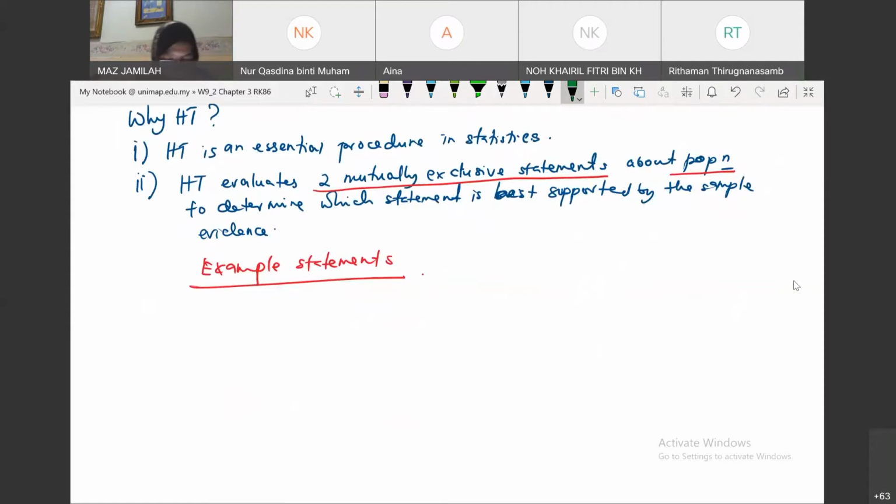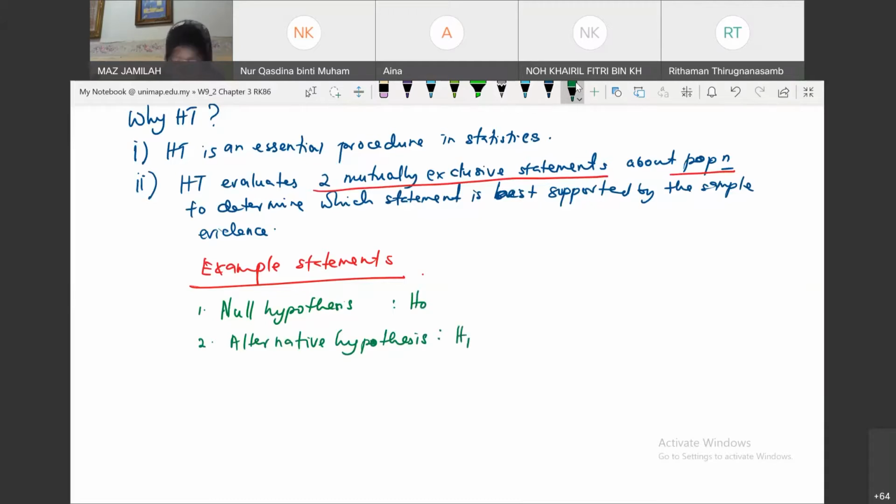If I simplify, the first statement is what we call the null hypothesis, and the second one is the alternative hypothesis. The first is known as H naught, and the other is H1.